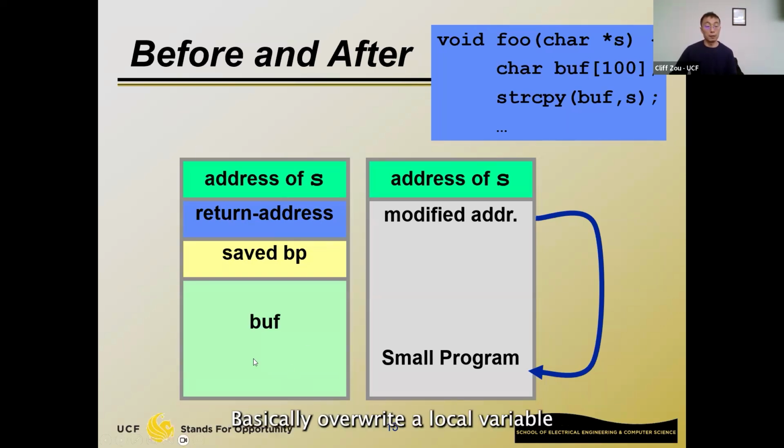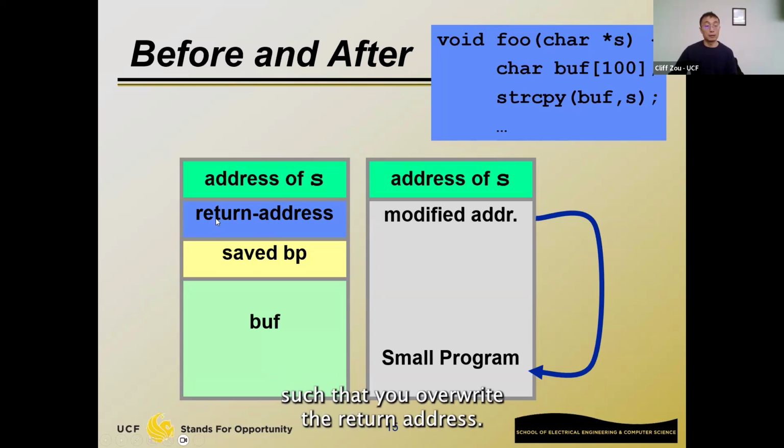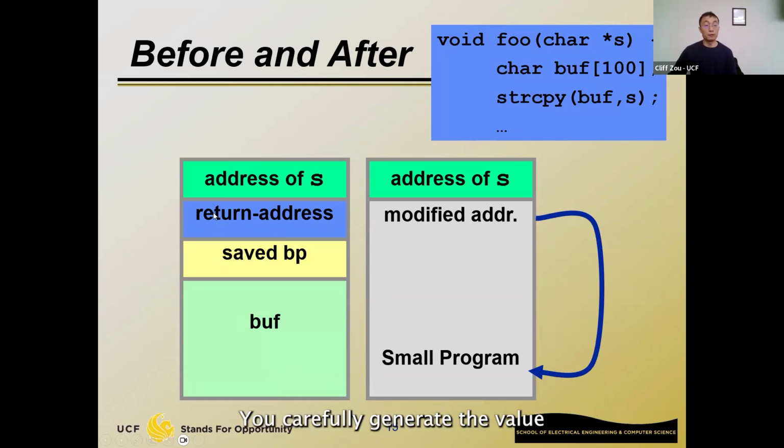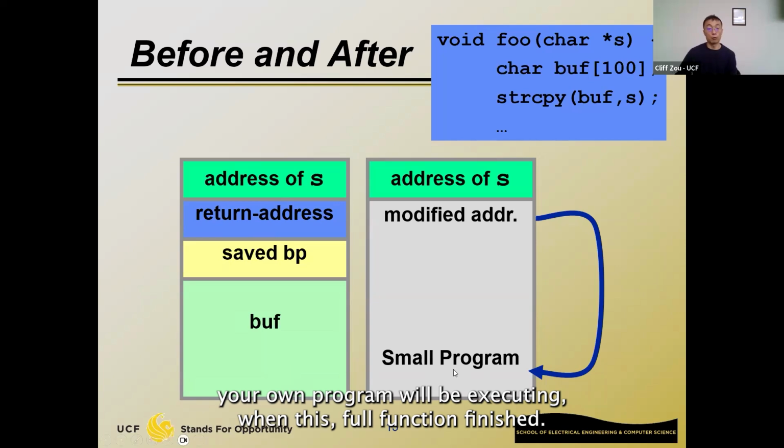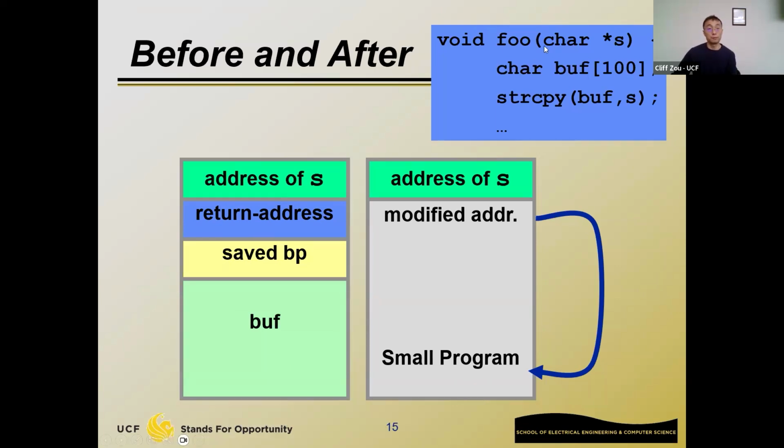Basically, you overwrite a local variable such that you overwrite the return address. You carefully generate the value to overwrite the return address such that it gives the location of your program code at the beginning of this buff variable. Then your own program will be executed when this full function finishes.